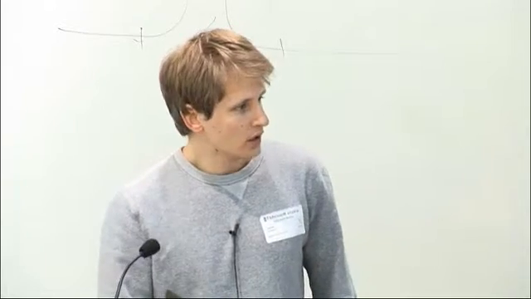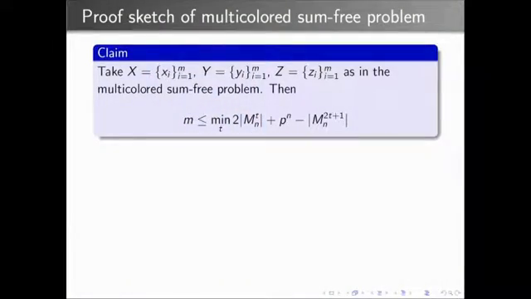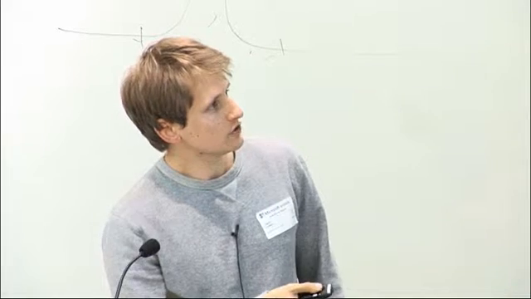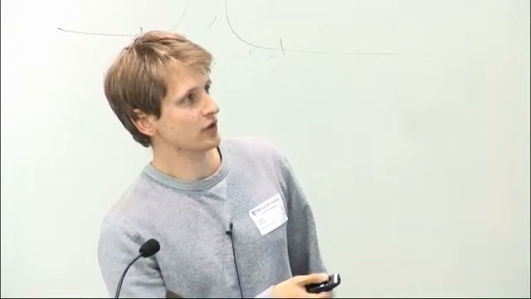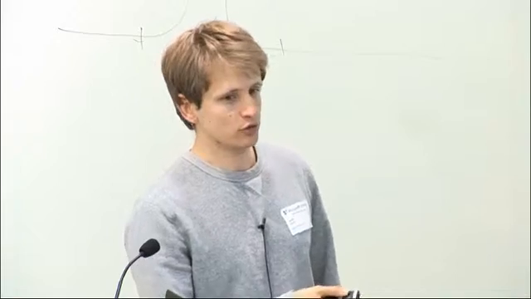Okay. So now, how do we use this? I'll present the proof for the multicolored sum-free problem. So take x, y, and z as in the problem. Again, what that means is x_i + y_i + z_i = 0, but any other triple sums to non-zero.